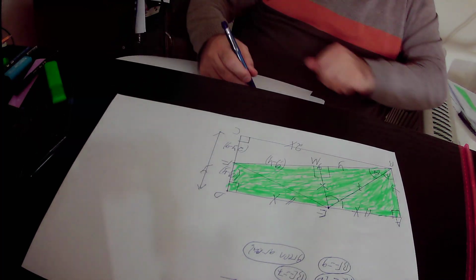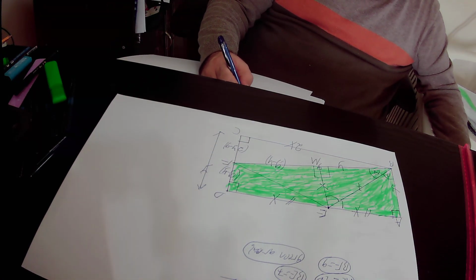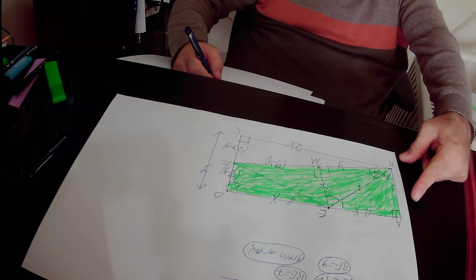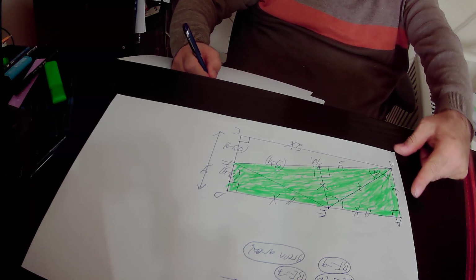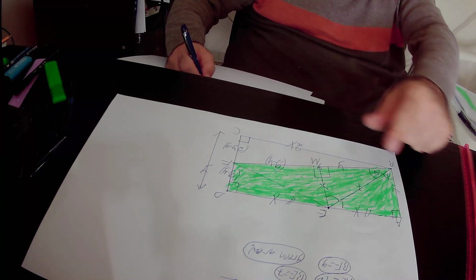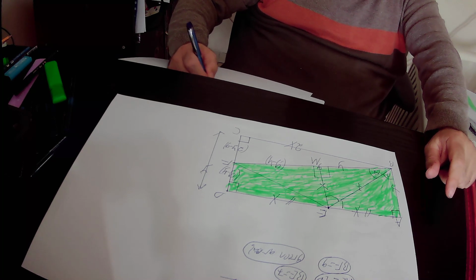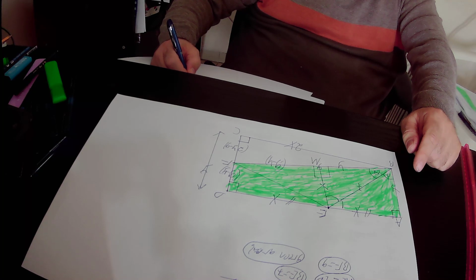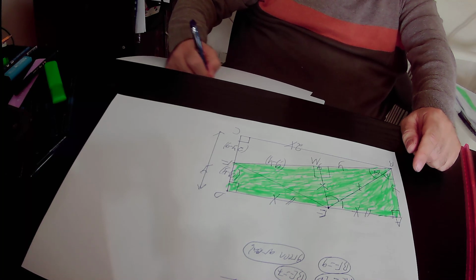So the area of trapeze ABDF, that is the area of the green shape, will be equal to (AB is y plus DF is 9 minus y) times AD is 2x over 2.